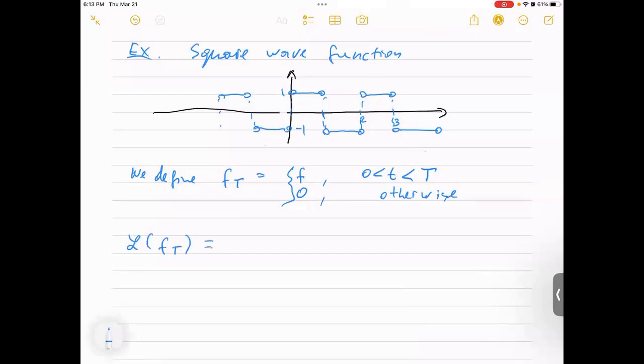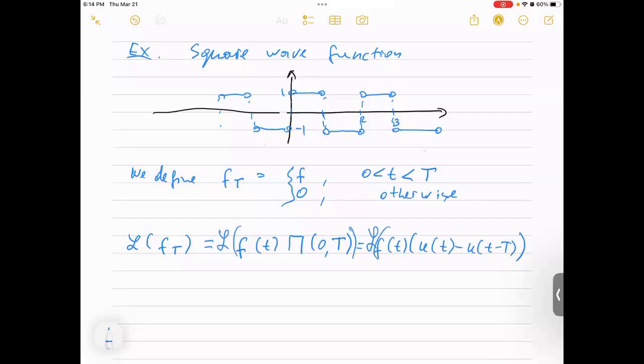If you look at what we have here, that's f multiplied by a window function between 0 and the period capital T. So we're going to get f of t multiplied by the unit step function minus the unit step function of t minus the period capital T. I'm going to break it into a difference of two Laplace transforms: the Laplace transform of f of t times the unit step function minus the Laplace transform of f of t multiplied by the unit step function of t minus the period.